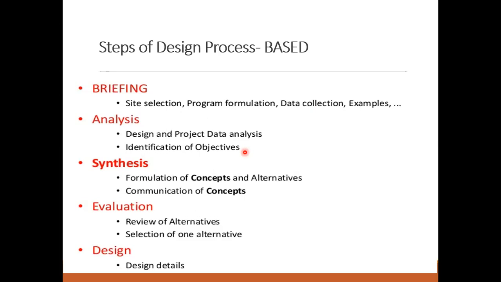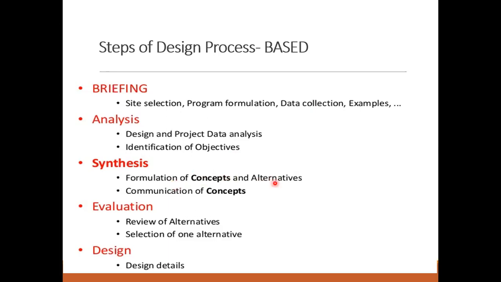So we develop a concept accordingly. Or if it's a religious building like the Holy Kaaba, we identify the nature of the project, which ultimately leads us towards the guidelines and the aims that we will achieve by the end of the project.